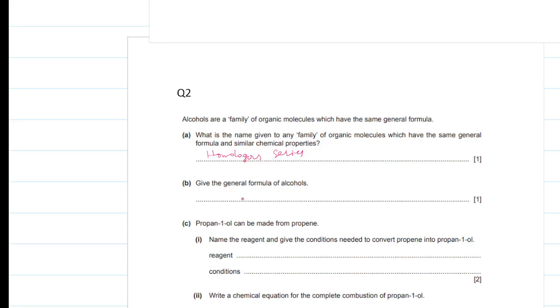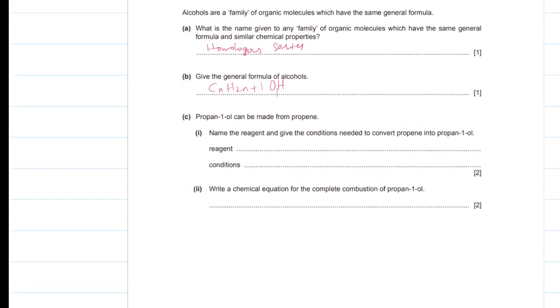So what will be the general formula for the alcohol? The general formula for the alcohol is CnH2n+1OH. Okay, so this is the general formula. Now the C part: propanol can be made from propene.